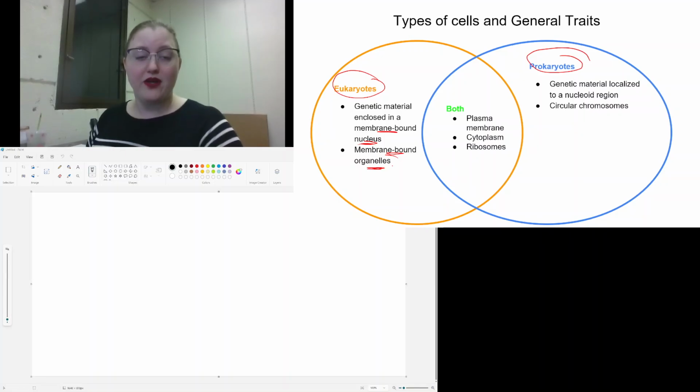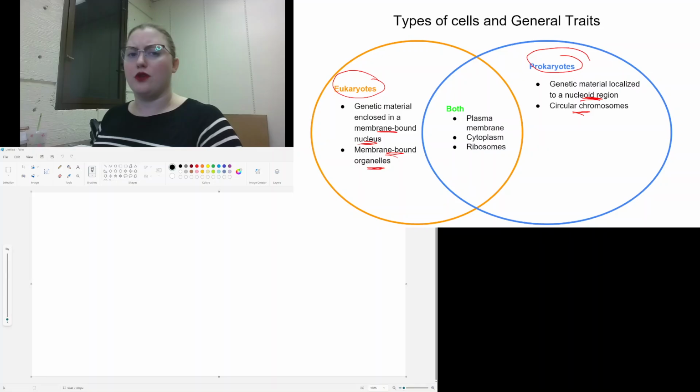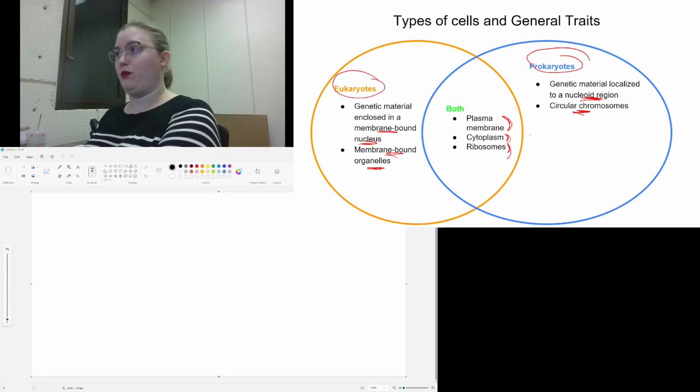That's the big thing about eukaryotes, is that there are internal membrane systems in place. Prokaryotes have a nucleoid region where their DNA is localized, but it is not enclosed in a membrane. They also have circular chromosomes. Now, both have plasma membranes surrounding their cells, both have cytoplasm, and both have ribosomes.